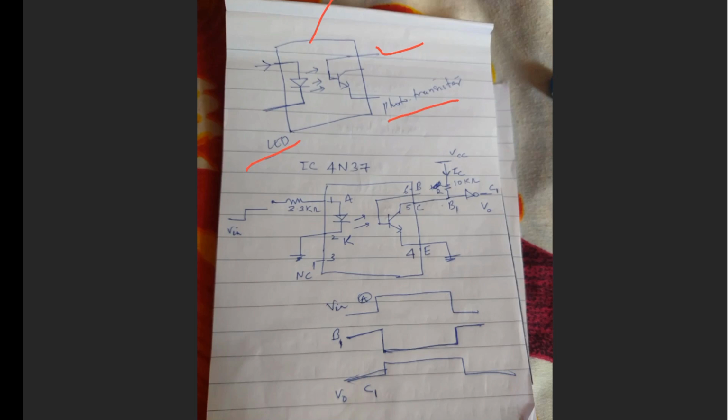Now let us first see the detail about this LED, and then we'll come to the photo transistor. Instead of a photo transistor, various other things are also possible. These days people use the PD, that is, photo detector, which is an advancement of the photo transistor, because sometimes it gives better performance.